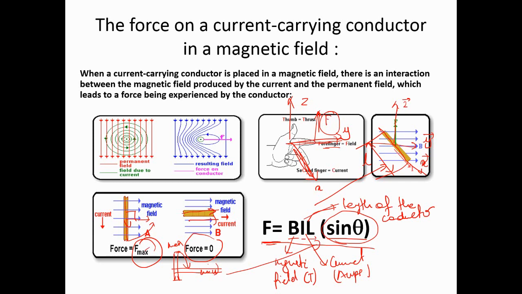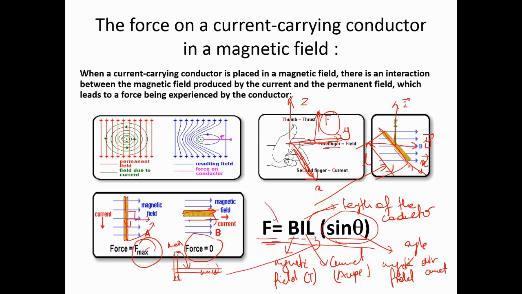So theta represents the angle between the magnetic field and the direction of current. Right? So this equation is very important.